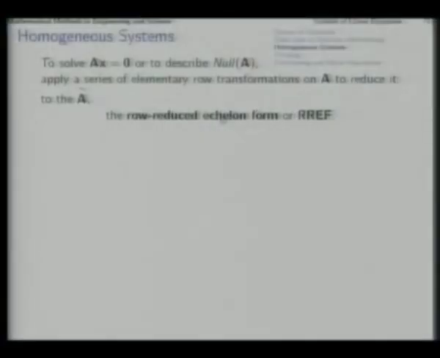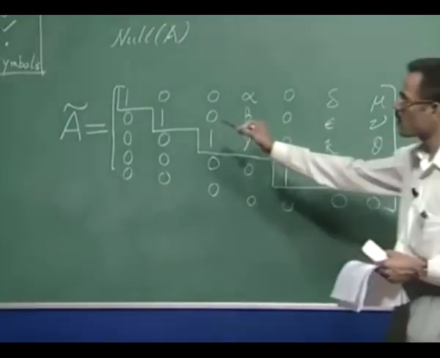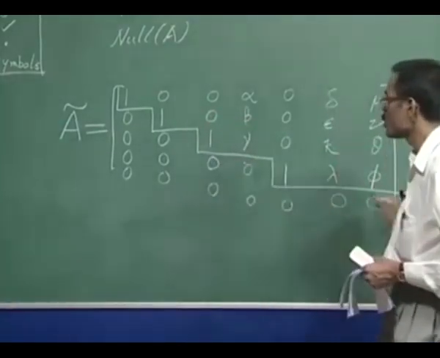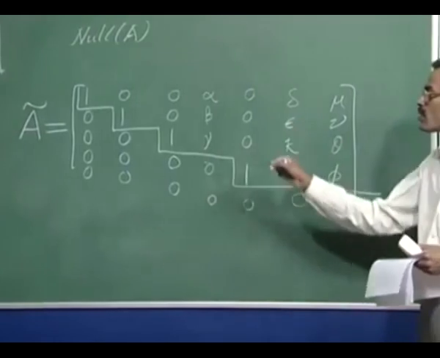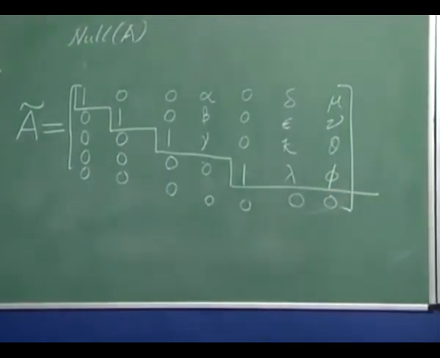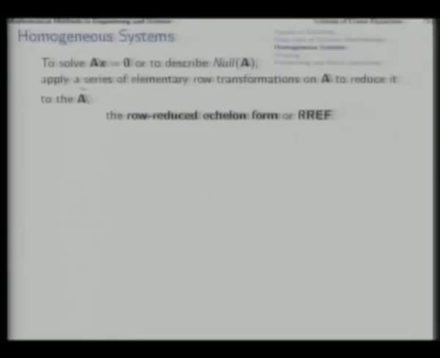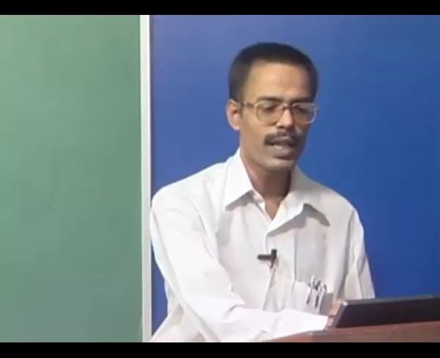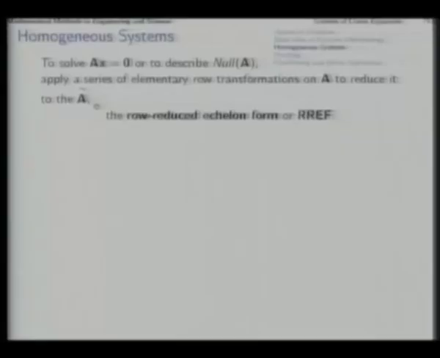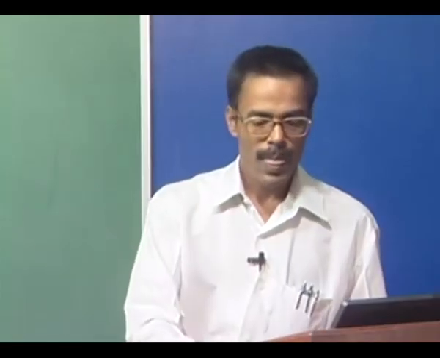Echelon is a French word which means steps. So, this stepwise formation that we have got through row reduction is called the row reduced echelon form, or RREF. Through a series of elementary row transformations, we have reduced the original matrix A to this form A tilde, and this form is the row reduced echelon form.